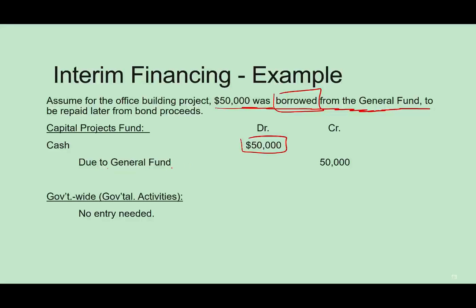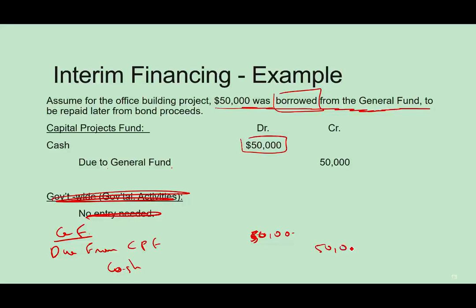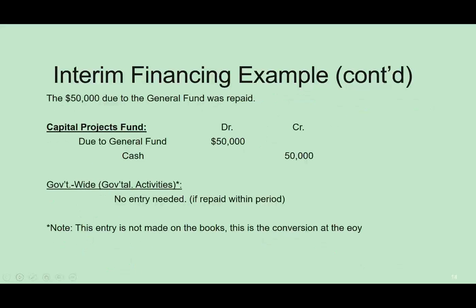Now the general fund obviously will debit due from capital project fund, which is a receivable, 50,000, and they will credit cash 50,000. This is what the governmental fund will do. Okay.